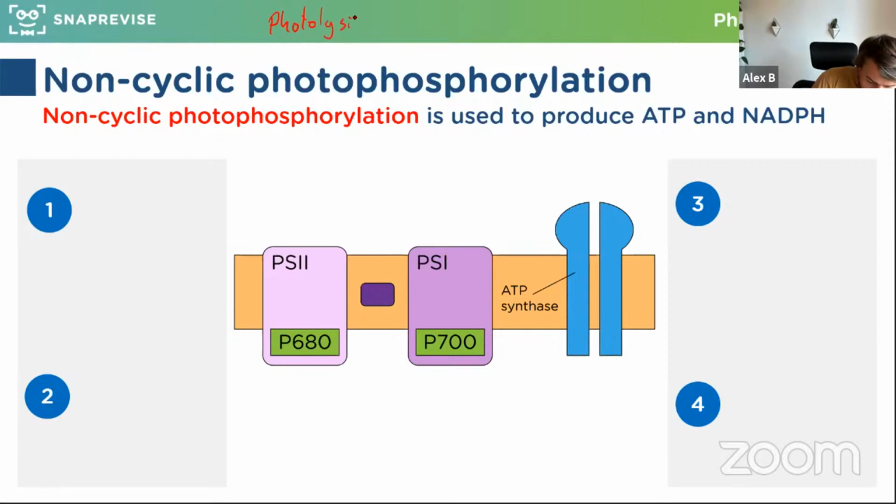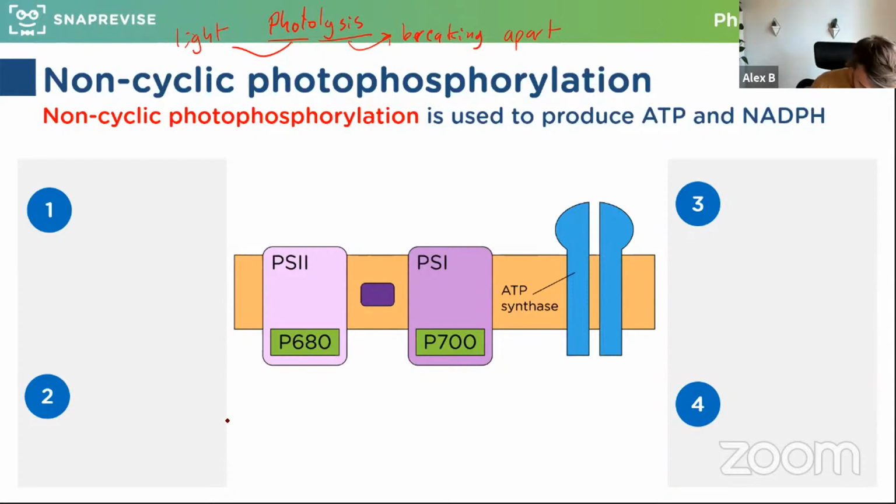The word lysis means breaking apart, and photo means light, it doesn't mean a picture. So it's the breaking apart of water using light.